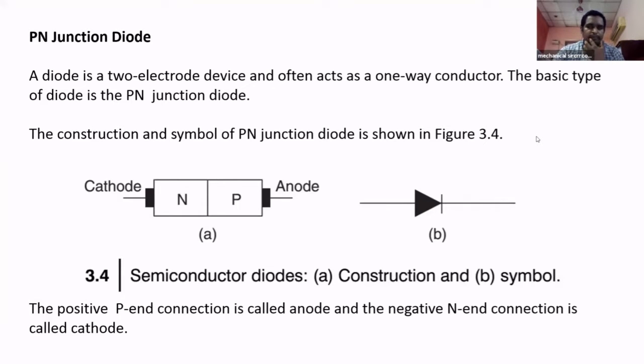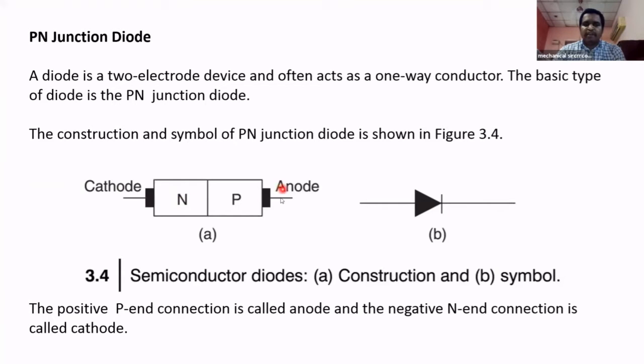Already I explained about the p-n junction. Suppose this is the diode. We have two terminals. One terminal is attached to the n-type semiconductor and one terminal is attached to the p-type semiconductor. The terminal attached to the n-type is called the cathode.